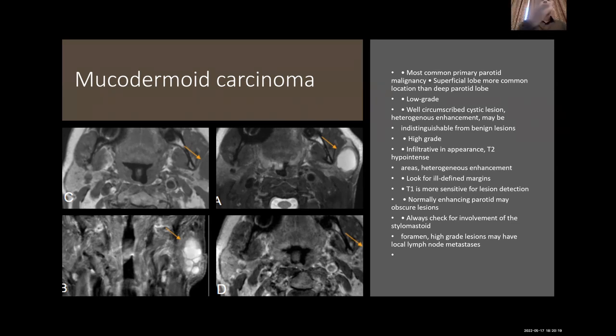This is the same for the mucoepidermoid. The mucoepidermoid has a higher possibility to develop perineural spread. But because the adenoid cystic carcinoma is more common compared to the mucoepidermoid, generally there is a higher incidence of perineural spread.